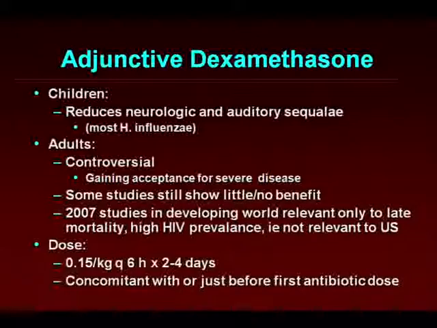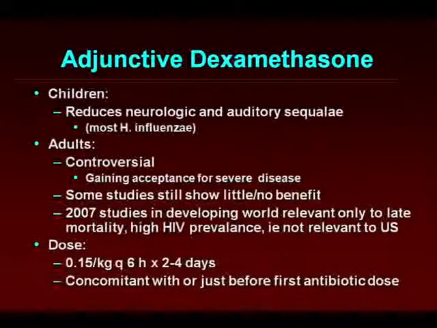There has been some controversy, and there are some well-publicized articles in the New England Journal suggesting that steroids had no effect. But I think that's really not relevant to the United States because many of the patients either were not tested for HIV or they came in very late in the course or they were using different antimicrobials from what we use here.